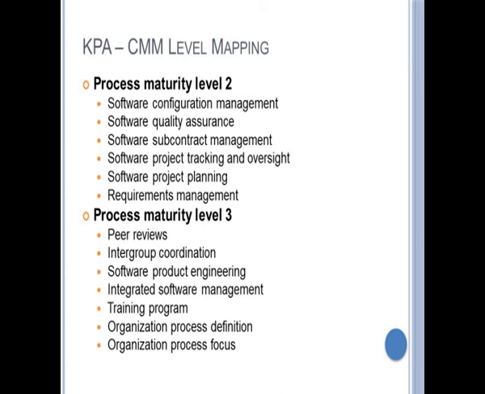Integrated software management, that is integrating software engineering and management activities with a coherent defined process. Then 5. Software product engineering, consistently performing with quality. Then 6. Intergroup coordination, that is to improve quality by mixing different engineering groups. And finally, peer reviews.